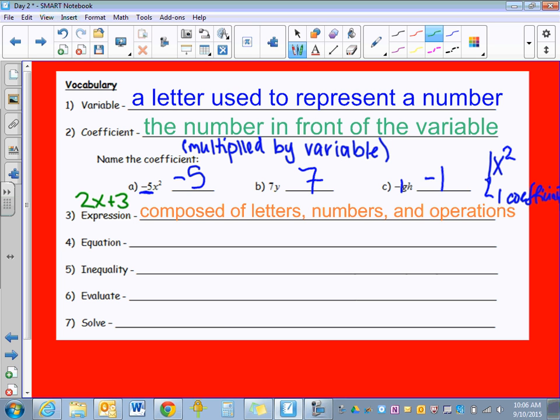So it's just this expression here of terms, letters, numbers, and operations. Operations, this word here means plus, minus, multiplication, and division. Those are some operations, what you can do to numbers. So notice an expression has no equal sign.